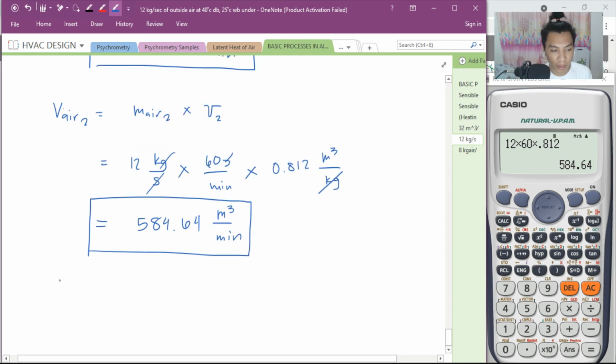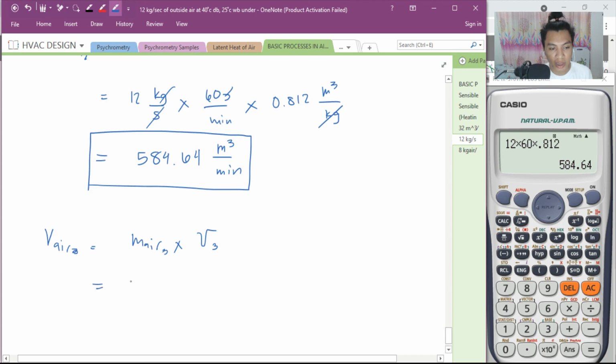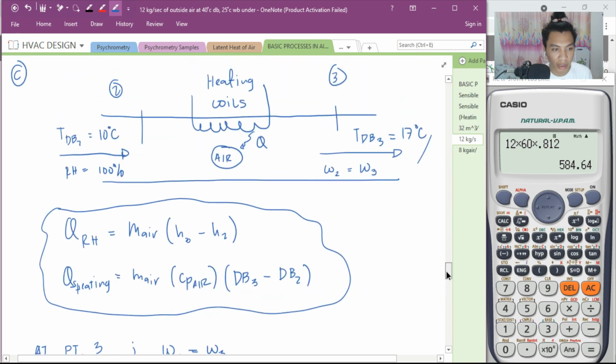And the final volume after reheating, mass ni air multiplied to specific volume 3. So that is 12 kilogram in every second times 60 seconds in every 1 minute times yung V3 nakuha natin.